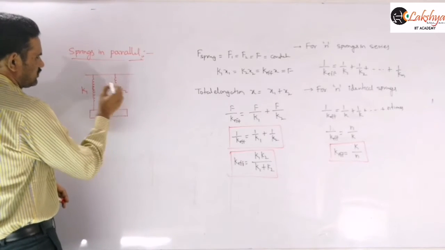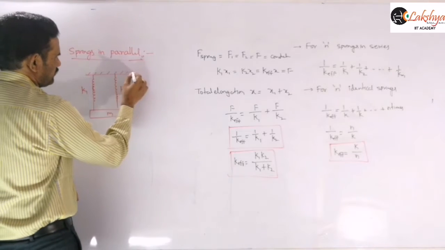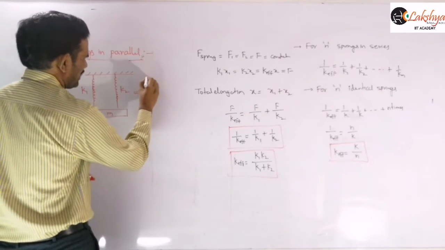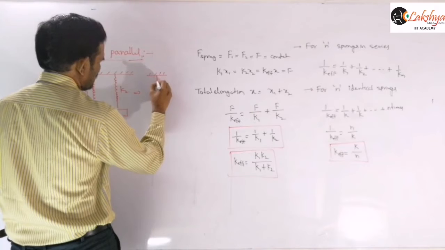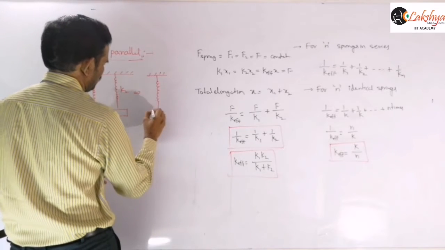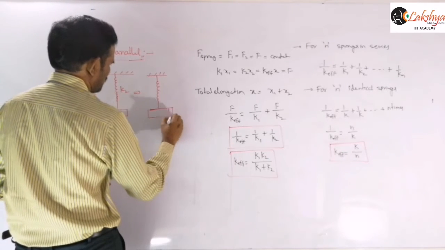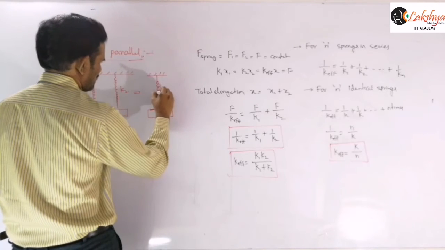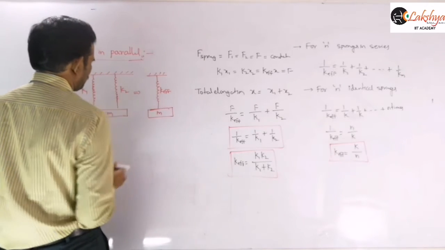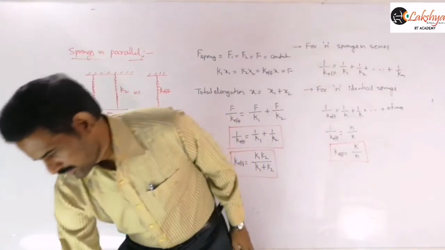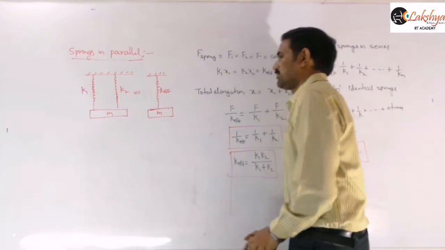K1 and K2. Now we are going to replace these 2 springs by a single spring again, which will produce the same elongation here. So the same block, whatever mass M is there, this is our K effective now. So just mention that: springs in parallel.